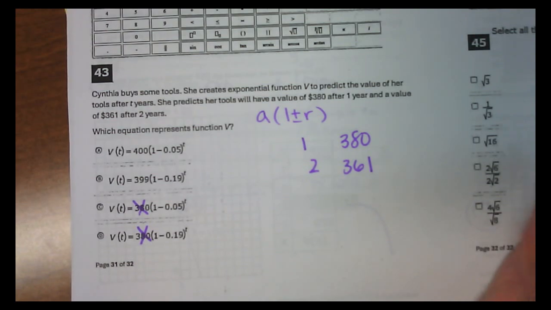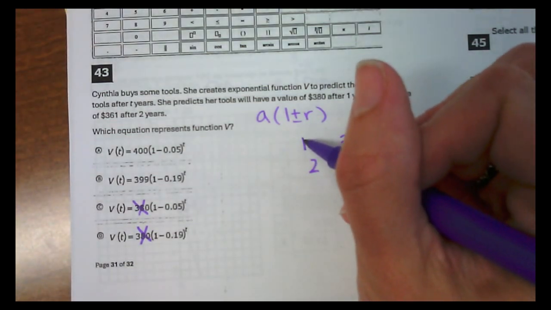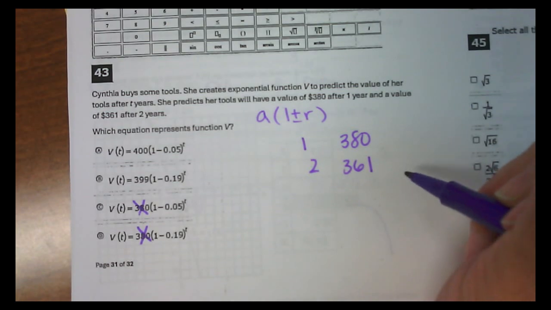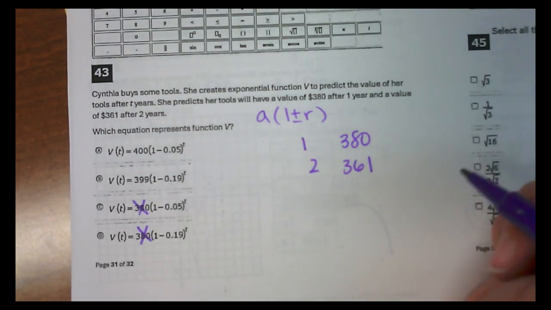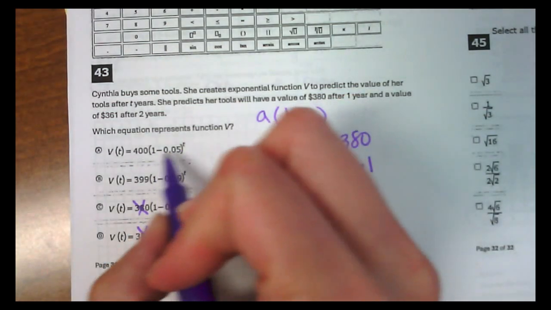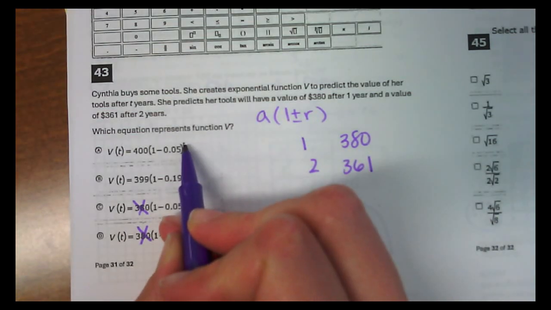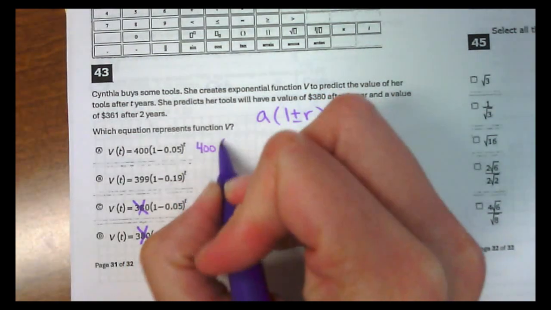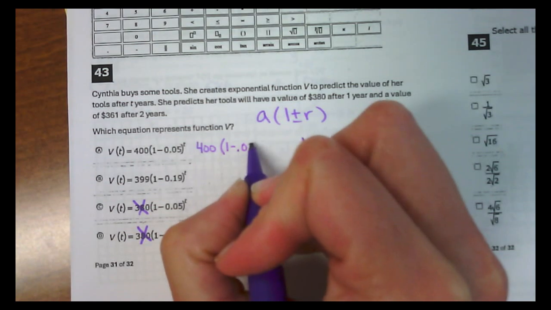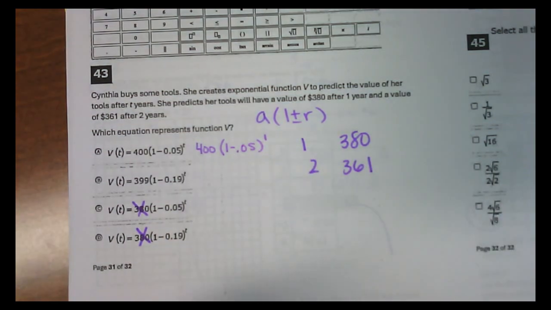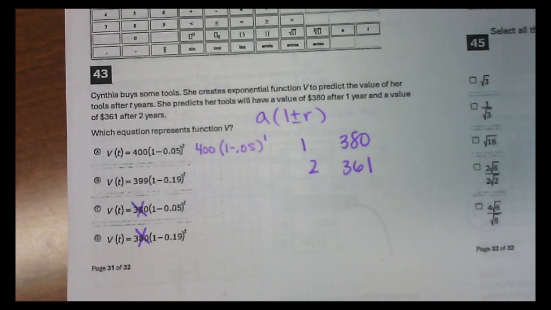One way we could do this is we could plug in the X value and see which one gives us the correct Y value. So if I plugged in a 1 here, we would have 400 times (1 minus 0.05) to the first. I just need to plug that into my calculator.